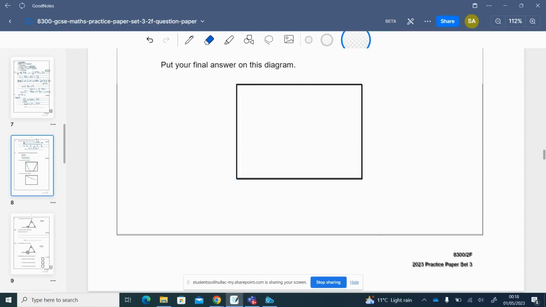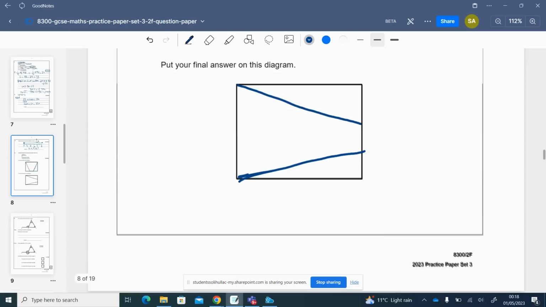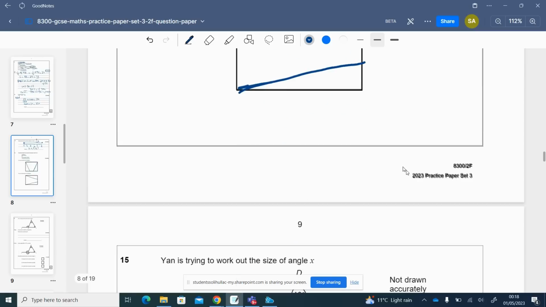So you need to leave a gap in the middle basically to make a trapezium in the middle like this. Okay, and your line needs to be straight to get a right angle triangle here. So either way is correct, and both answers are correct here. You can use any of these to answer this.